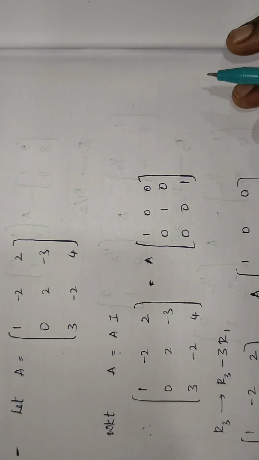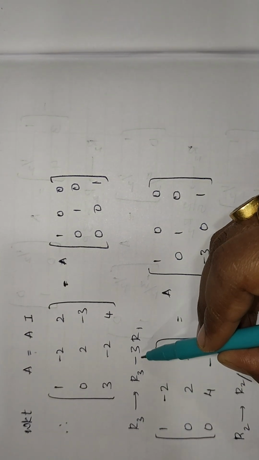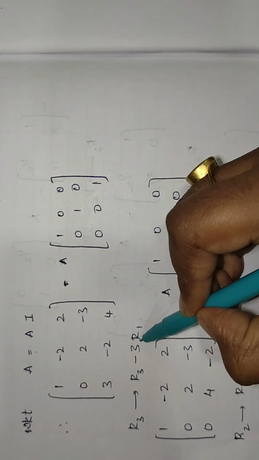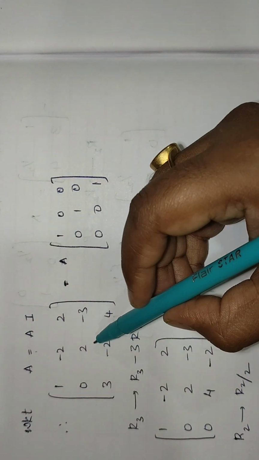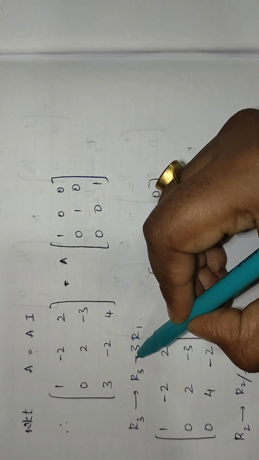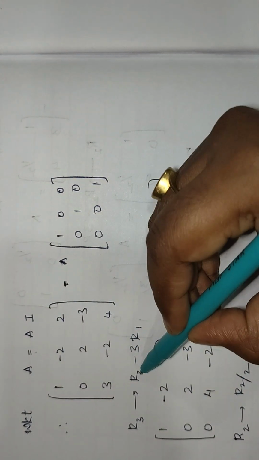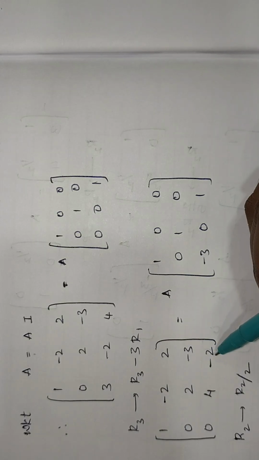So for that the transformation used is R3 changing to R3 minus 3R1. So you have 3 minus 3 into R1, that is 3 minus 3 is 0. Next you have minus 2 minus 3 into minus 2, that is 4. Next, 4 minus 3 into 2, that is minus 2.